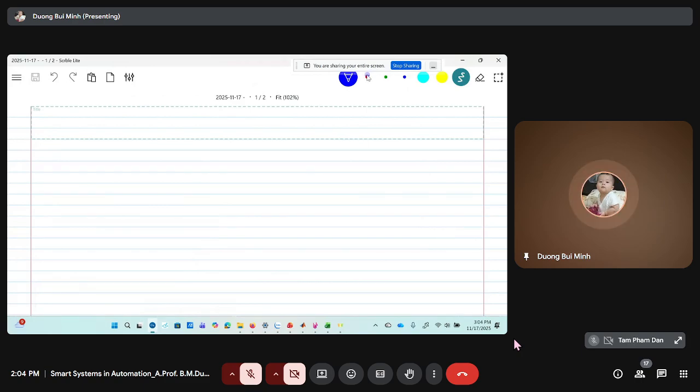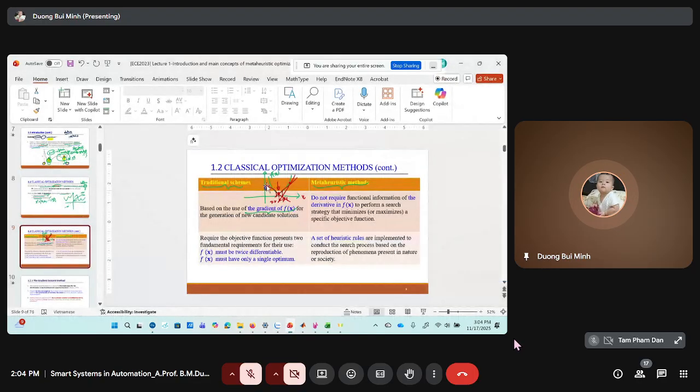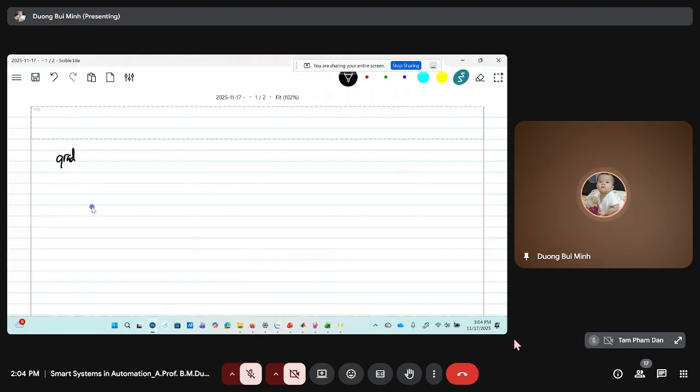Here, for example, we apply the traditional method, gradient, of f(x) to find the best solution, to minimize f(x).